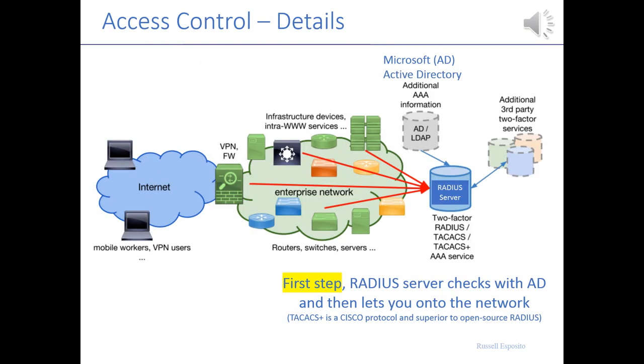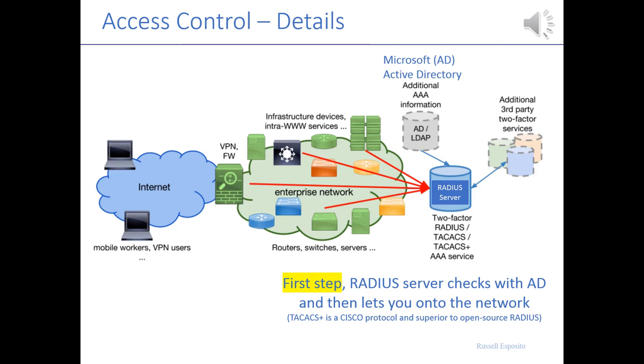In the previous slide, we looked at sort of a simplification of Active Directory managing access to the system. Microsoft Active Directory is a domain controller, just one type of many, but there's a couple more steps actually. So the first step, there's something called a RADIUS server. That's the very first step, and the RADIUS server gives you access to the network, and it checks against Active Directory, AD, or whatever the domain controller is.